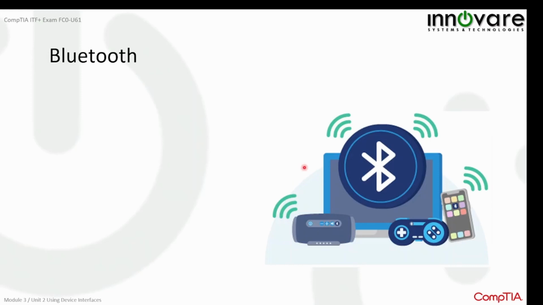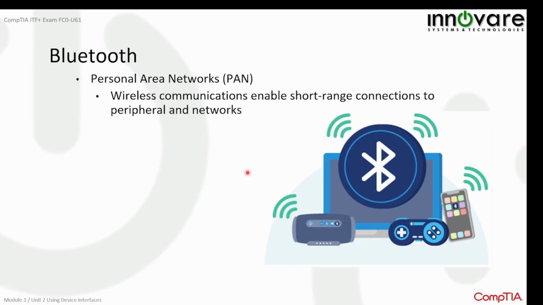Now, another interface that you are also familiar with is Bluetooth, right? It's been everywhere now. And just to let you know, it's actually a radio signal used for personal networks, personal area networks or PAN. It is for short range, and usually used for home appliances.